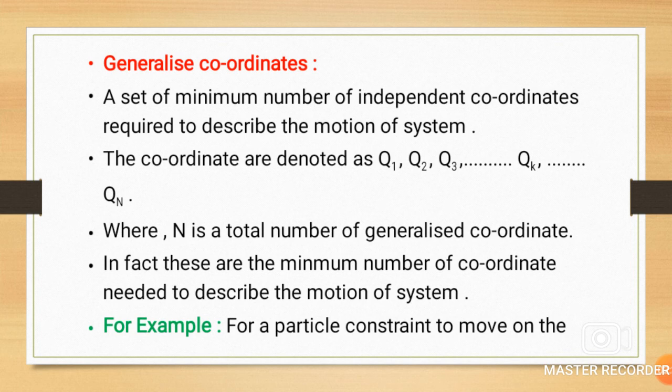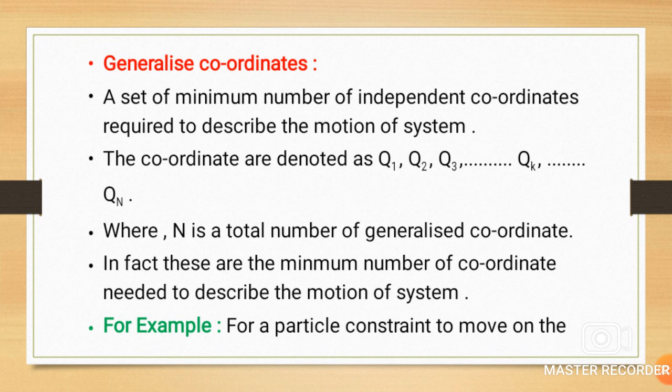That means for an n particle system a total of n generalized coordinates are required. In fact these are the minimum number of coordinates needed to describe the motion of the system, and that is nothing but the generalized coordinates.